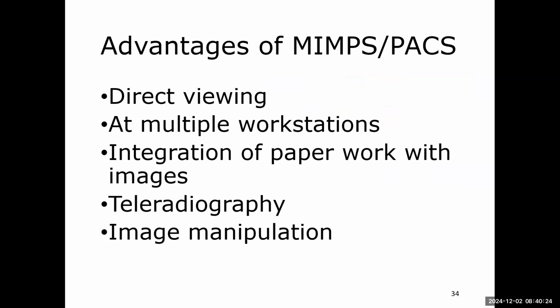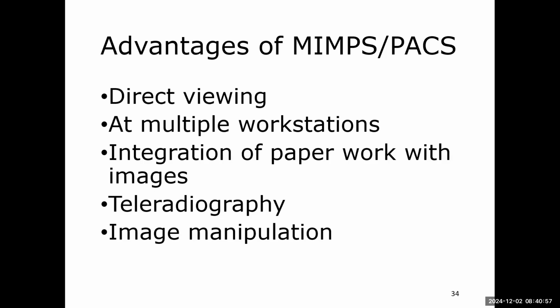Some advantages of MIMPS or PACS were direct viewing at multiple workstations and the integration of paperwork with those images. So when this says at multiple workstations, when we had film, you only had that one copy, right? You did a patient on film, that was all you had. So how many people could look at that at one time? Well, whoever happened to be standing there.